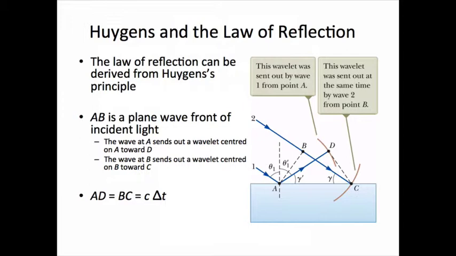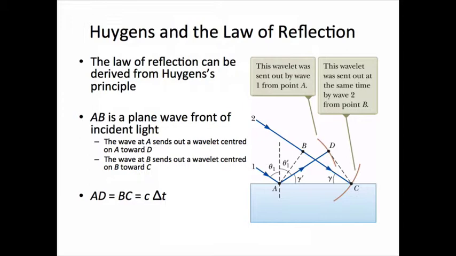So the ray from A has moved on to D, and the ray at B has moved on to C, which is another point on the surface.